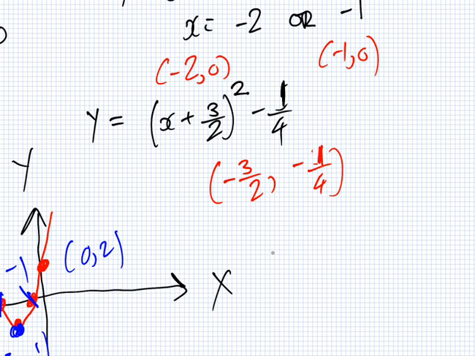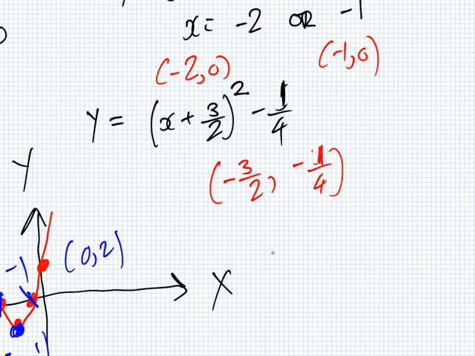If the first part asks you to complete the square, then maybe there are no roots and you can just find the turning point. But a lot of the time you can do both. So for example here, will this have roots? Yes. Will it have a y-intercept? Yes. And will it have a minimum? Yes.